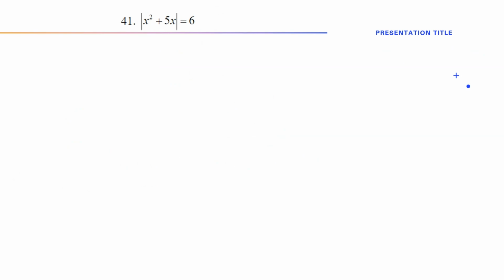Number 41. We do the same. Now that on the right hand side we have a positive. So x squared plus 5x equals 6, or x squared plus 5x equals negative 6.